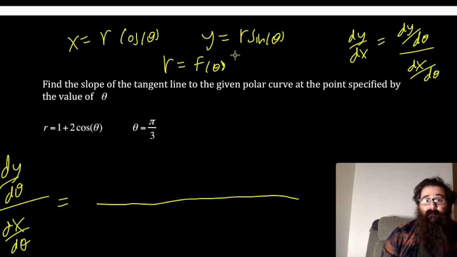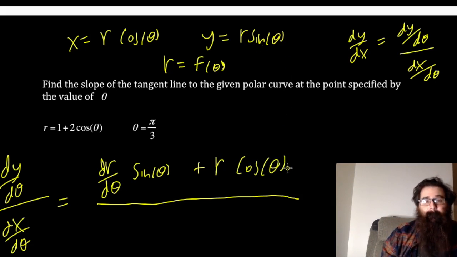It likely is a function of theta, so its derivative should be dr d theta, or r prime, however you want to consider that. And then I would rewrite sine theta. And then I would add to this and do the opposite. Now I'm just going to rewrite r times the derivative of sine theta, which is cosine theta.